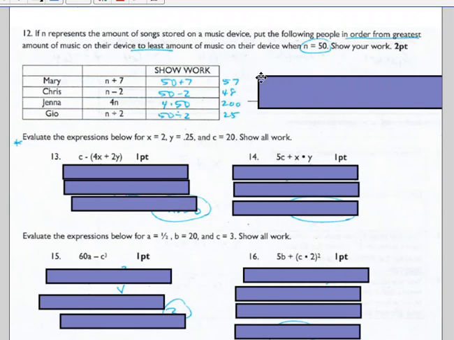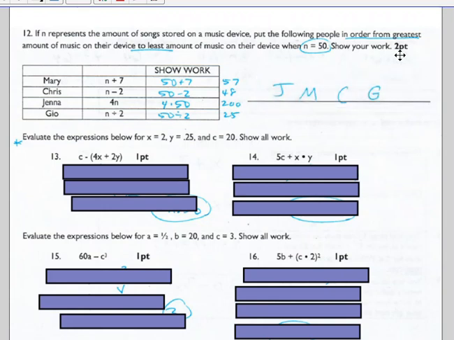But in the problem, they wanted you to put in order from greatest to least, the order of who had the most music. So Jenna had the most at 200. Next up would have been Mary at 57, Chris at 48, and last was Gio at 25. In these bottom 4 problems, you had to plug in the values of the variables, and then you had to solve them.